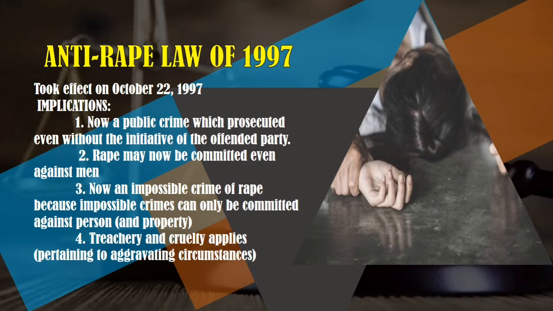When we say aggravating circumstances, these are factors that increase the severity or culpability of a criminal act. So, typically, in the presence of an aggravating circumstance, it will lead to a harsher penalty for a convicted criminal.